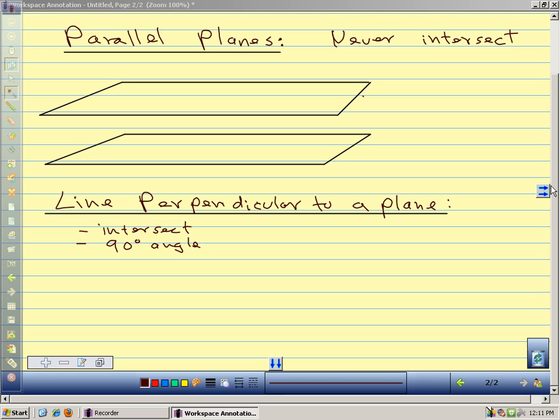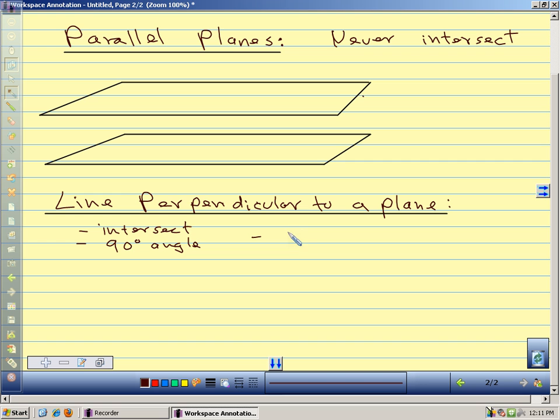How about if I drew another line that intersected the first line? And I say that the line through my markers has to make a 90-degree angle with both of those lines. Would that guarantee that it's perpendicular to the plane? Yes. So that's what we have to do. That's how we guarantee that a line is perpendicular to the plane.